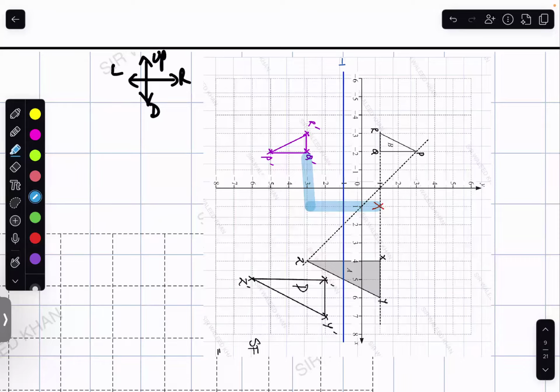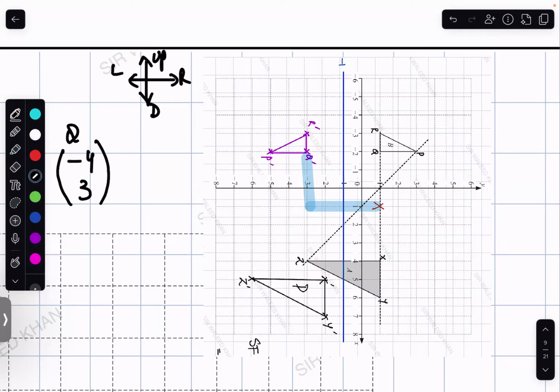Okay. So Q is -4 and 3. Where is P? That should be -4, 5, 6. P is -6 and 3 upwards.